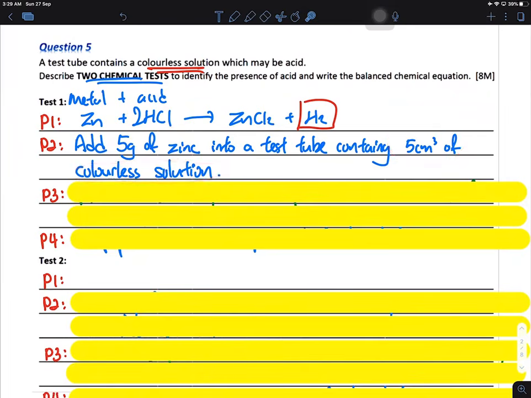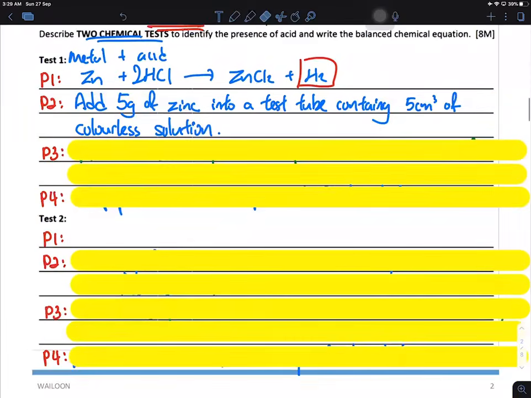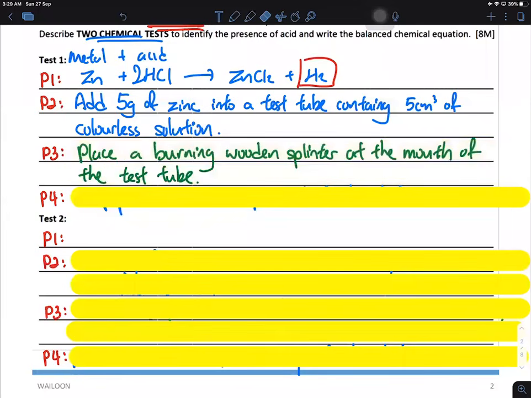So remember to mention the amount. And then what happens? You go to test the presence of hydrogen gas. So you got to place a burning wooden splinter at the mouth of the test tube.